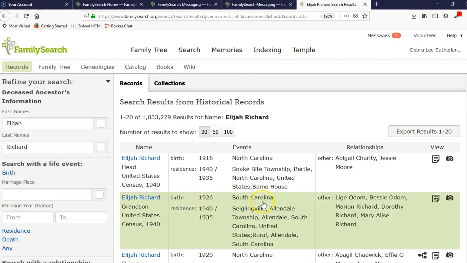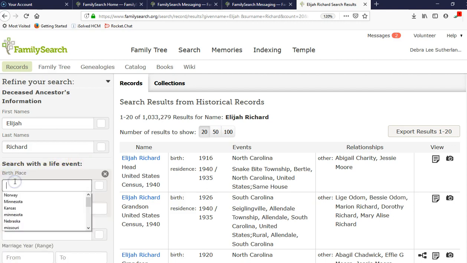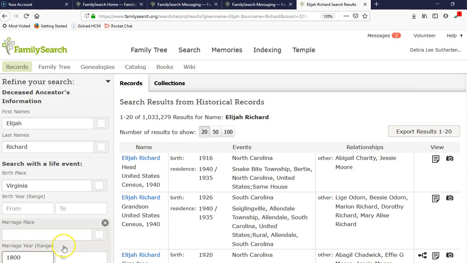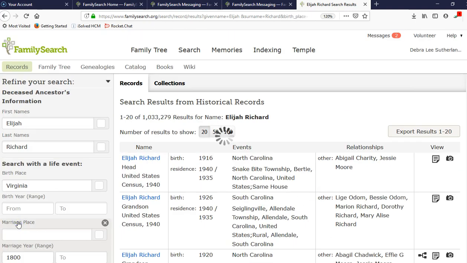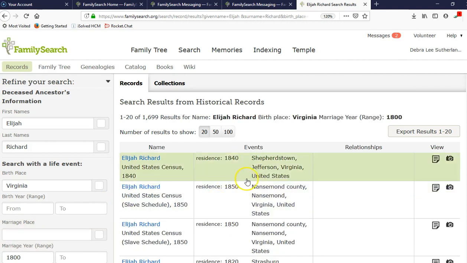And I know that he was born in Virginia, so you can go in and put in their birth. So I know he was born in Virginia. And then I believe his birth date was in 1800. So we'll go in and look and see what comes up for Elijah Richard in 1800.